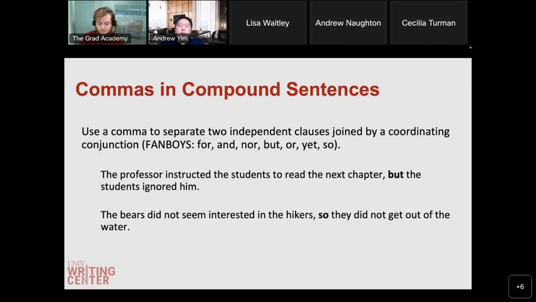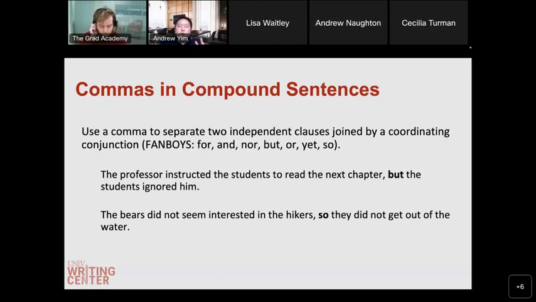When it comes to the FANBOYS, the rule is if you have a FANBOY breaking up two independent clauses as a conjunction, you can often use a comma right before the FANBOY itself. So two examples down below. The professor instructed the students to read the next chapter, comma, but the students ignored him. And sentence 2, the bears did not seem interested in the hikers, comma, so they did not get out of the water.